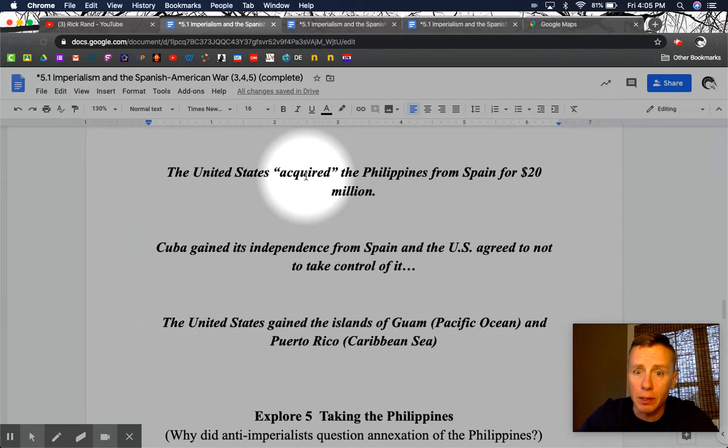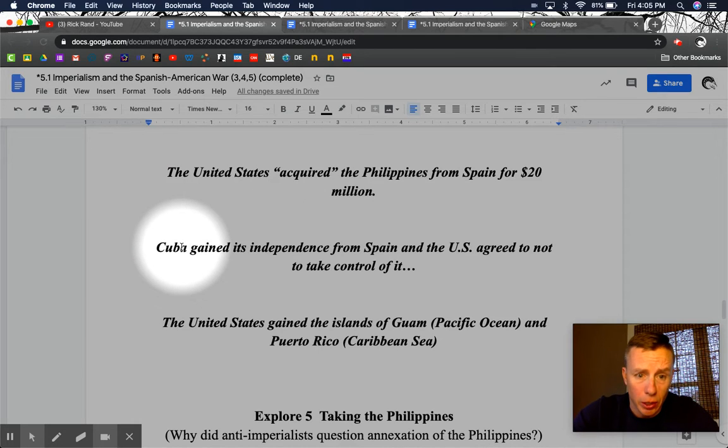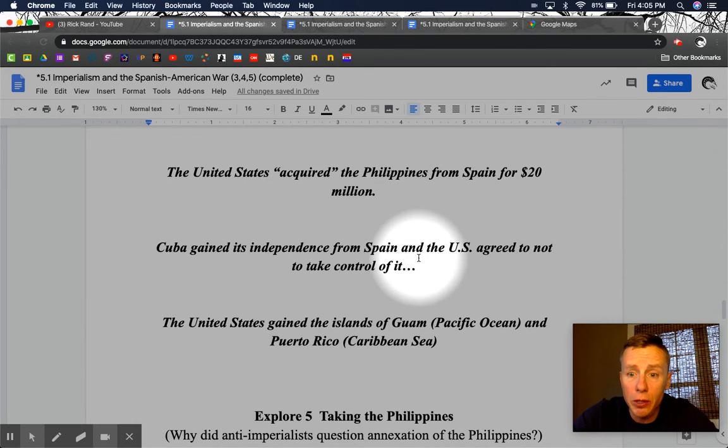Cuba gained its independence from Spain, and the U.S. agreed to not take control of it. Spoiler alert, yeah, no, we had control of it for a long time. We're not going to take a deep dive into that, but know that the U.S. was very involved with Cuba for decades after the Spanish-American War. Before Cuba was taken over by Castro and the communists, Cuba was the place in the Caribbean that Americans would go and travel, like the jewel of the Caribbean.